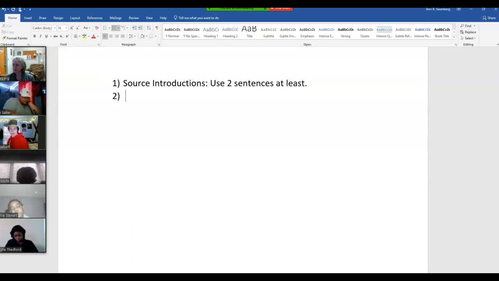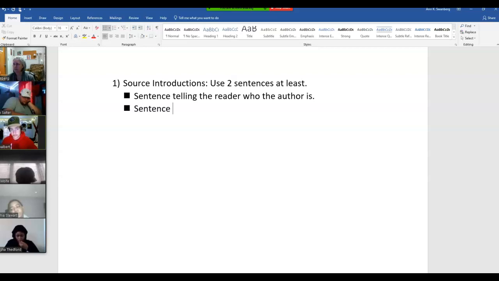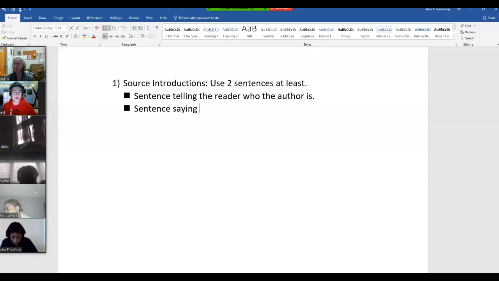The first one is going to be a sentence telling the reader who the author is. So somebody tell me what the second sentence is going to be. Telling what the article is about, or the book, or whatever the source is. What the title is. Title of the article is.